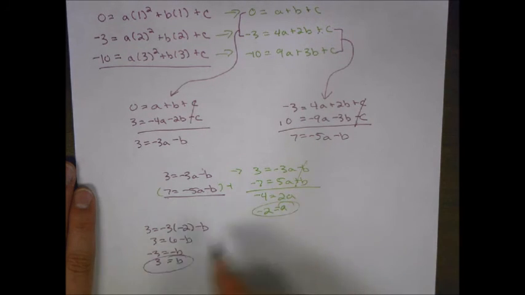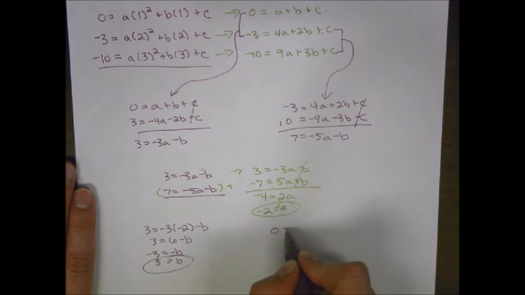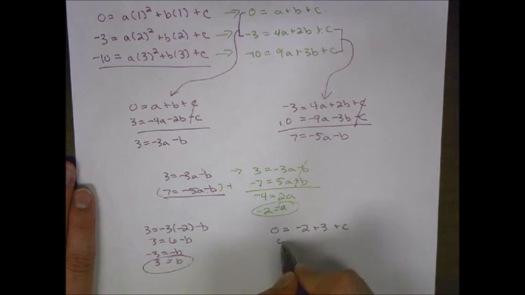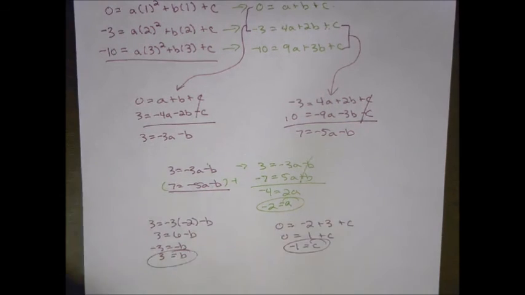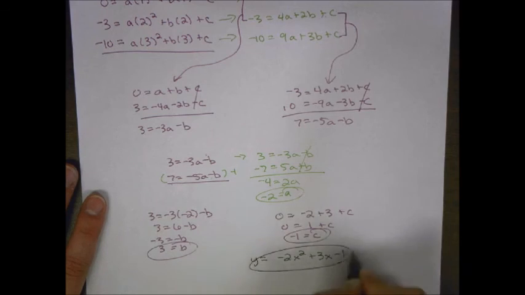And then I'm going to plug both of these into my first one to find C. This gives me my answer. Y equals negative 2x squared plus 3x minus 1.